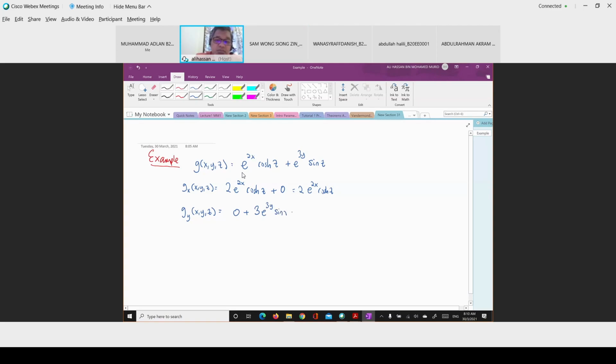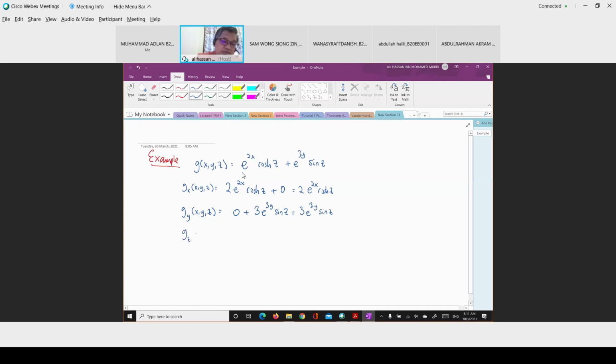Yes. This time we are going to treat x and z as constants, so the first term is independent of y, and the derivative of the first term with respect to y is 0. So the answer is 3e to the power of 3y sine z.